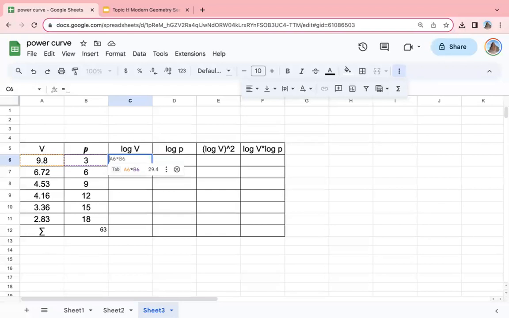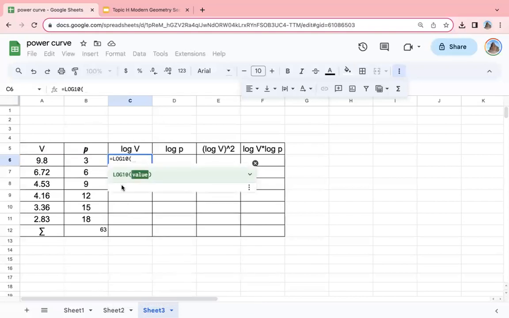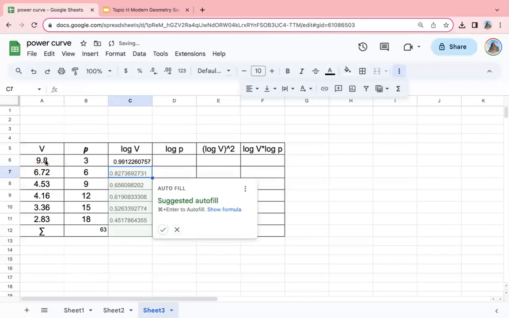Make sure the equal sign is there. It's like a command given to that particular cell that you're going to get the value of the following data. Since this column will give the value for log of V, I type log and make sure it's base 10, and click on the value that you want, 9.8, and press enter.